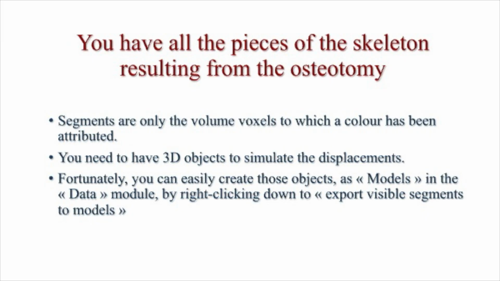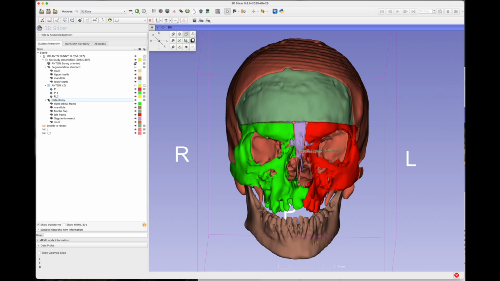Since segments are only the volume voxels to which color has been attributed, you need to create some models out of the segment. This is performed in the data module: right click on the segment and you get the volume created.